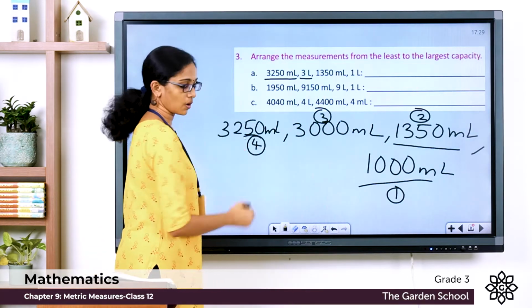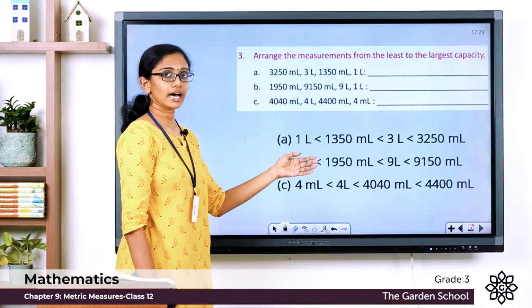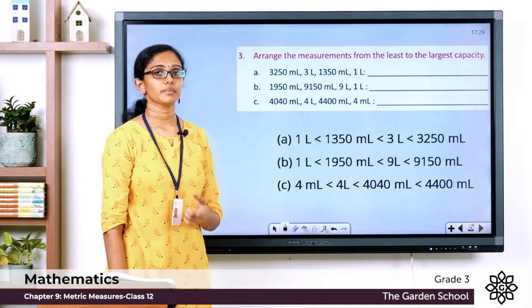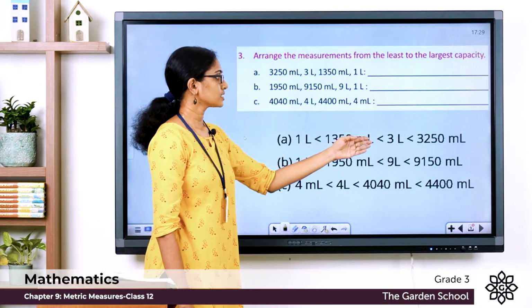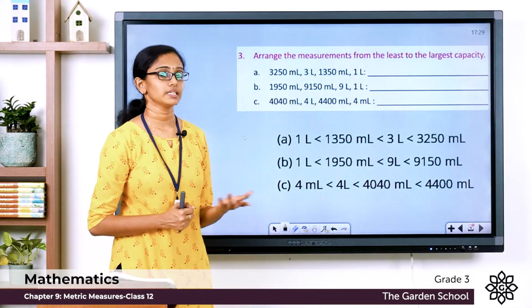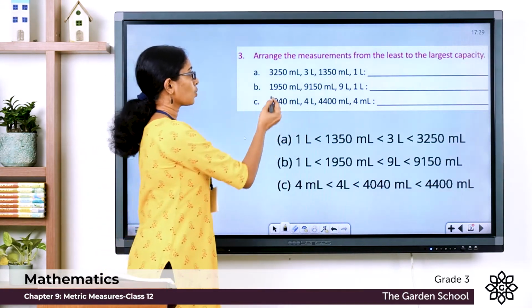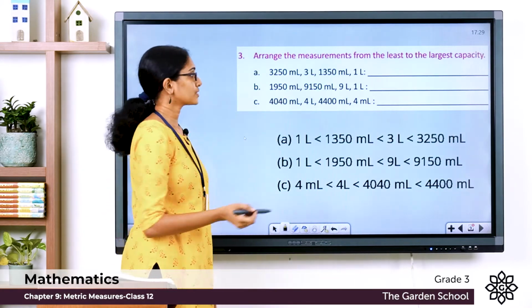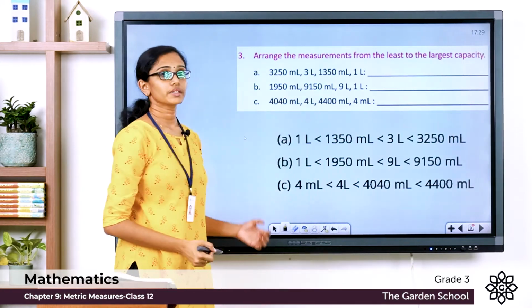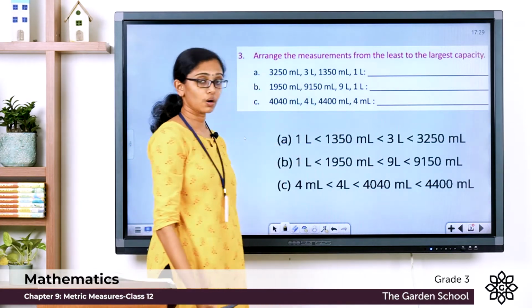So the correct order in ascending order is 1 liter less than 1350 milliliters less than 3 liters less than 3250 milliliters.